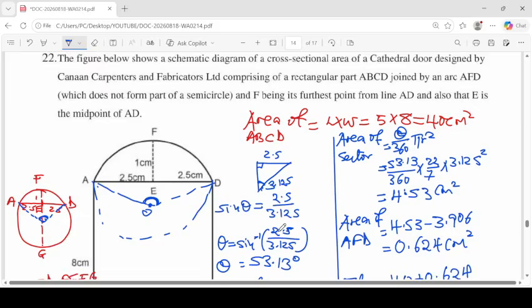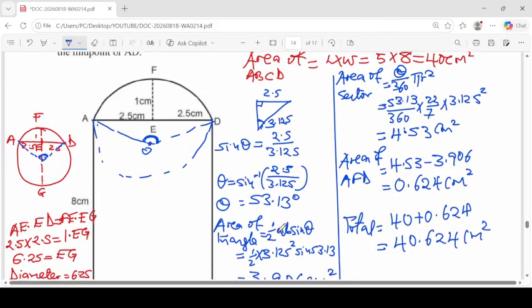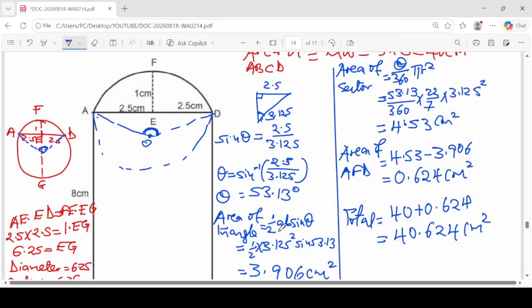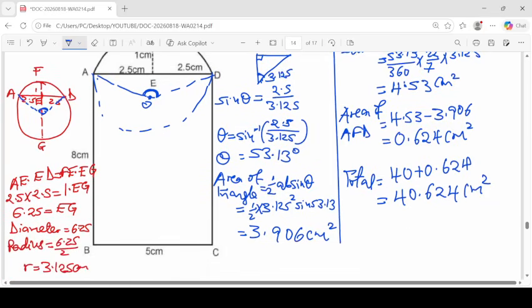Now here I think there is a small thing. When I got EG, it was not the diameter. I was supposed to add 1 to EG because the diameter is FG. So the real diameter value is 6.25 plus 1. I had that omission. Apologies there. Let me just update it.